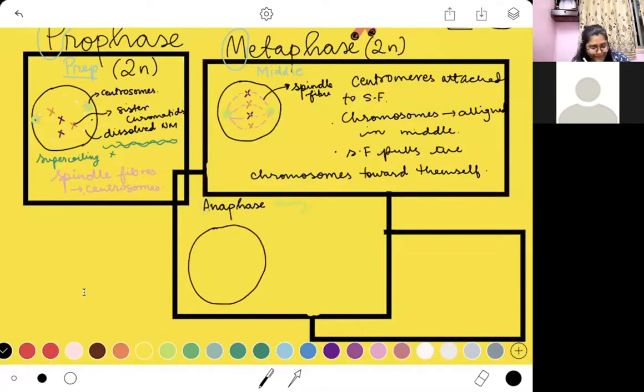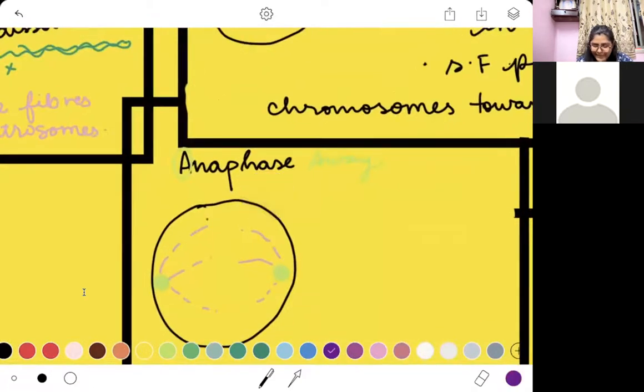I'm going to have my centrosomes. My centrosomes are going to have their own spindle fibers. These spindle fibers are pulling the structures toward them. While they are pulling these structures toward them, now look what has happened. Very careful attention toward what has happened. So 1, 2, 3, 4, 5, 6, and 7, 8.